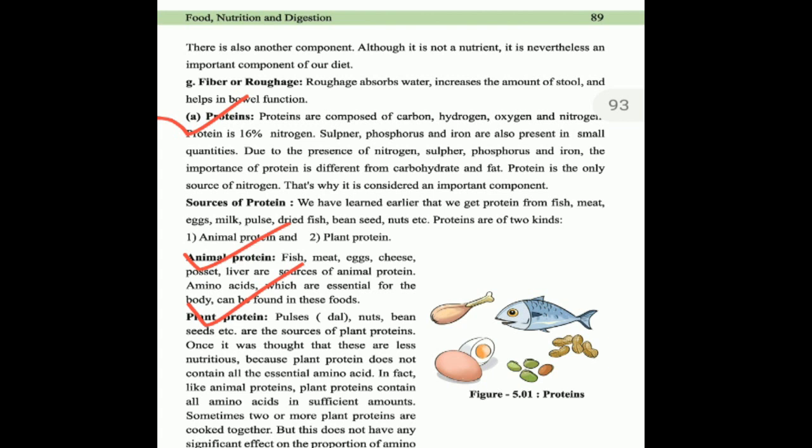Okay, so protein has great nutritional value. The nutritional value of protein is measured by the quantity of essential amino acids, and different foods contain different amounts of essential amino acids. Generally, animal proteins such as chicken and beef have all of the essential amino acids and are known as complete protein.